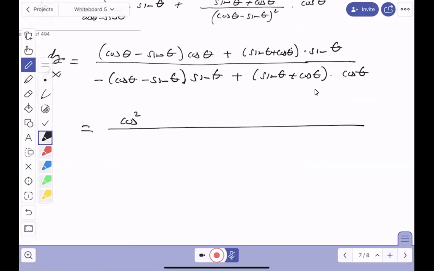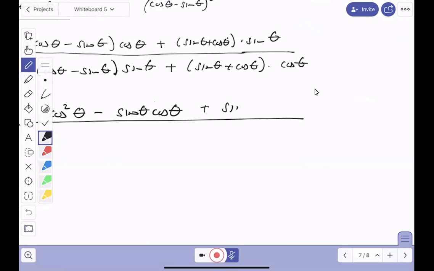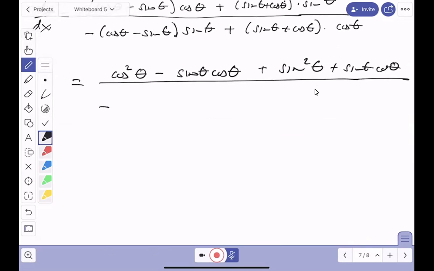Cosine squared theta minus sine theta cosine theta, plus sine squared theta plus sine theta cosine theta. Let's do the bottom. Minus cosine theta sine theta plus sine squared theta plus sine theta cosine theta plus cosine squared theta.